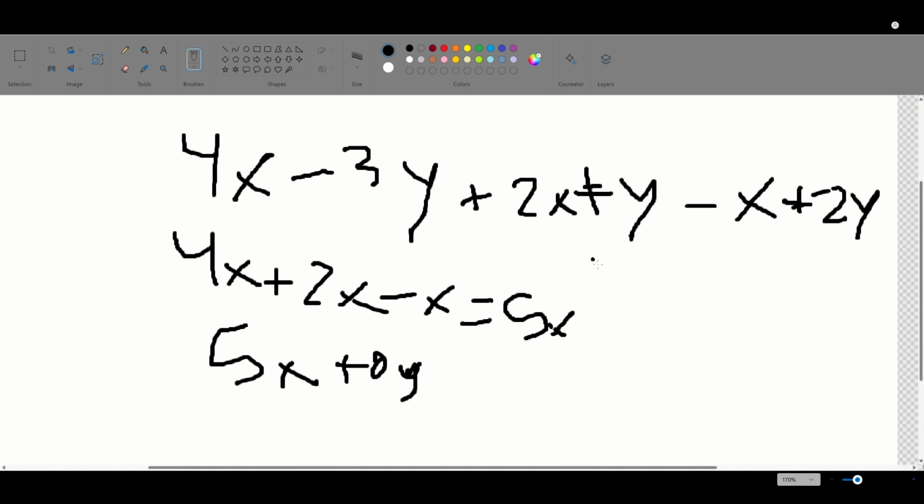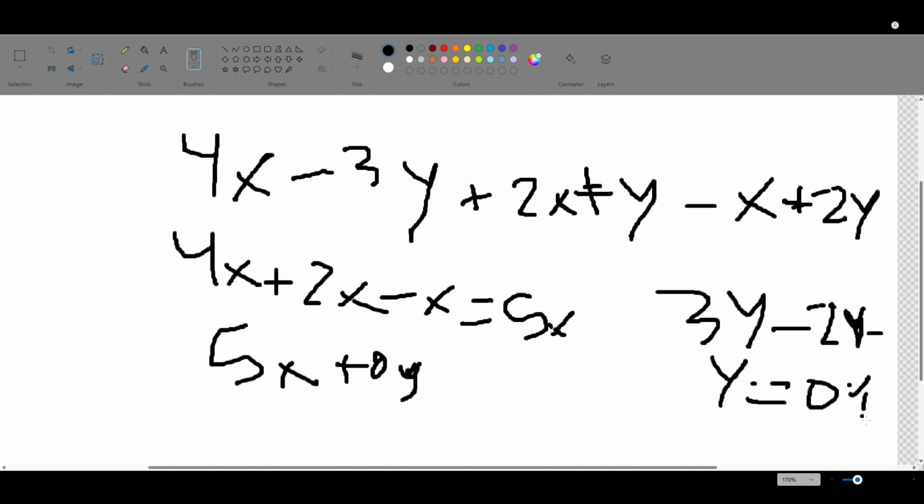So it would be 3y minus 2y minus y, which is 0y. And 0y equals 0. Okay?